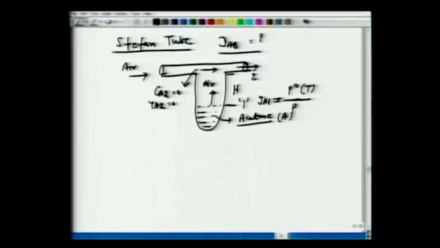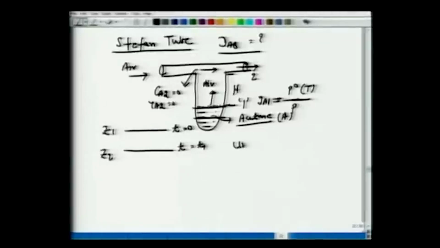If you look carefully, as acetone evaporates, its level is going to come down. If you start at some location at t equal to 0, after some time the acetone will evaporate and its level will get down from Z1 to Z2 at t equal to t1. In other words, it's an unsteady state problem, because the level of acetone continuously keeps on decreasing.